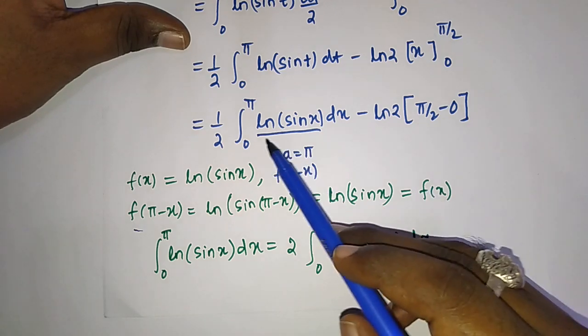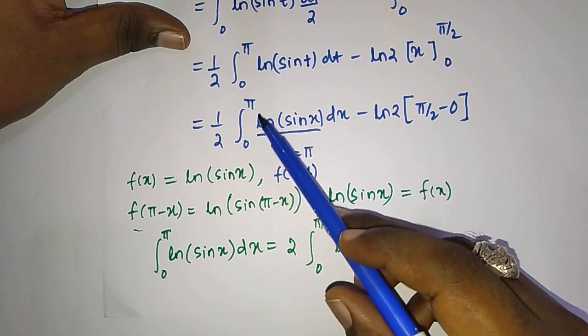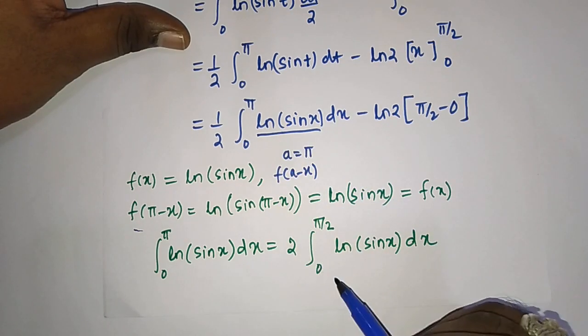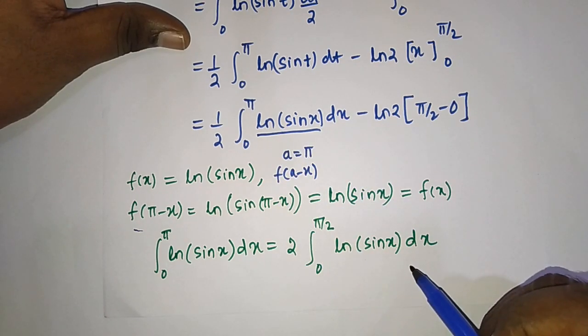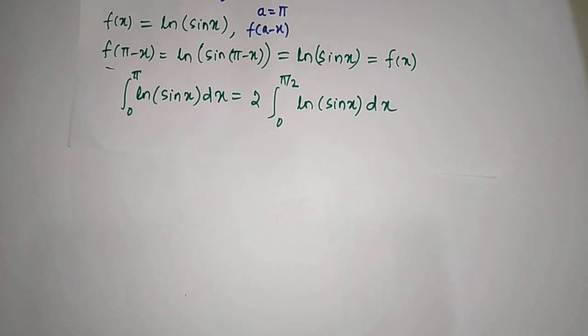So we can put integration of ln sin x from 0 to pi as 2 into integration of ln sin x from 0 to pi by 2. So put it here.